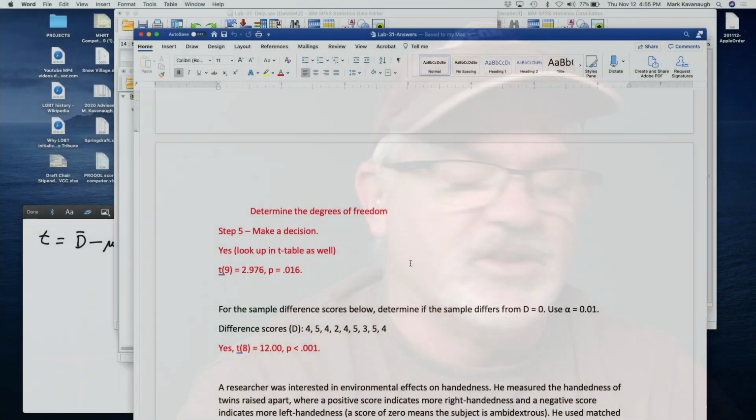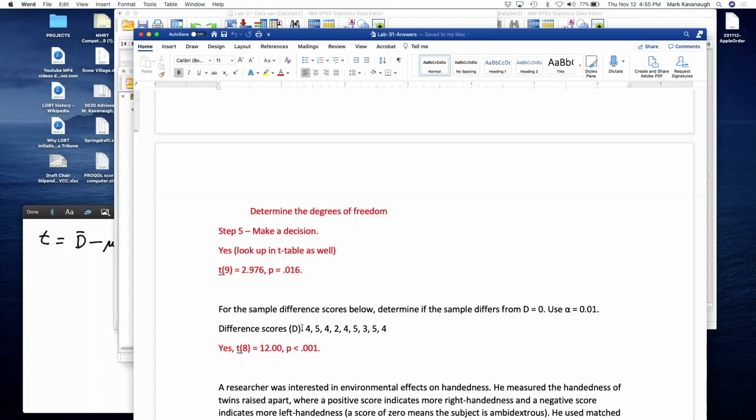The second question actually takes a look. You can see the answer there, but I'll show you how I got it. It takes these different scores. Now this is kind of rushing to the data. It's already done the difference between the first set of scores and the second set of scores. Now this is just one set of scores.